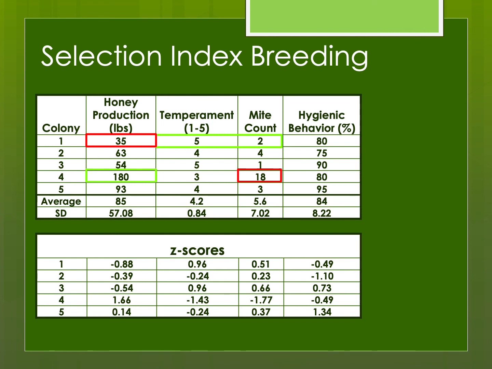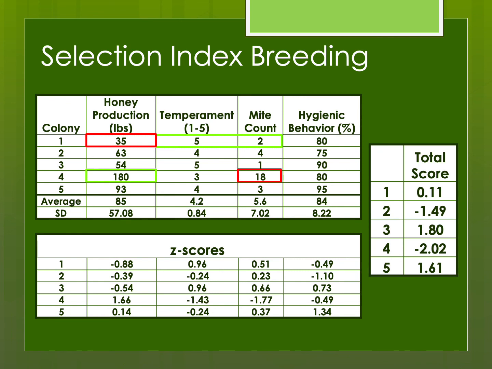And these can all be added up to give a total score for that colony. The z-scores that are less wanted are made to be a negative score, so it detracts from the overall score. And so you look at it, colony number 4, a great honey producer, but look, it had the lowest score of all, mainly because the mite count was so bad.